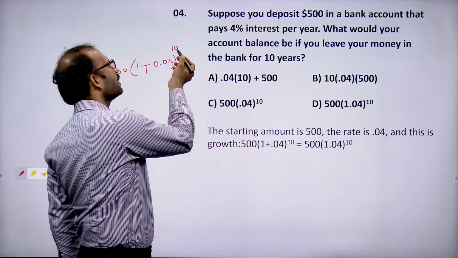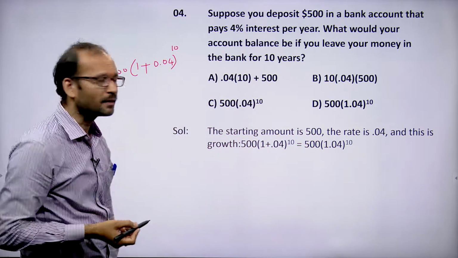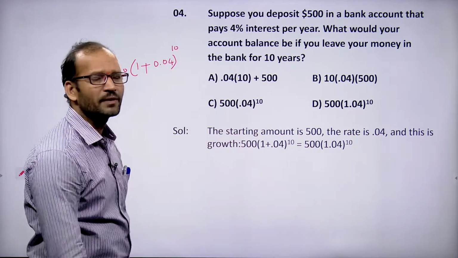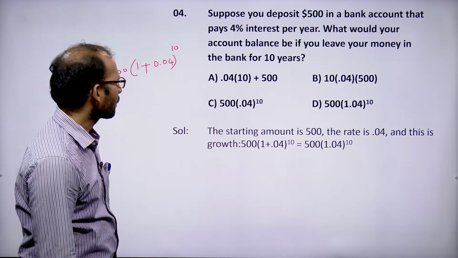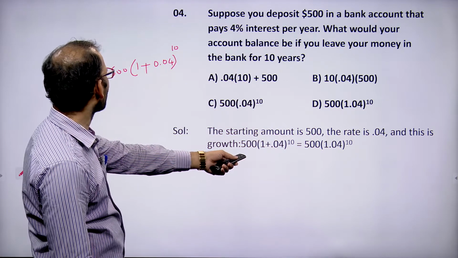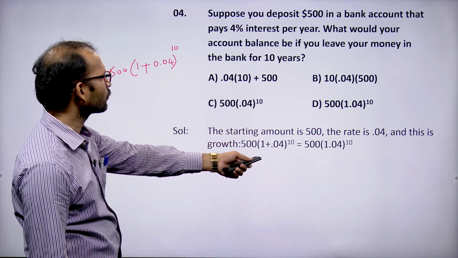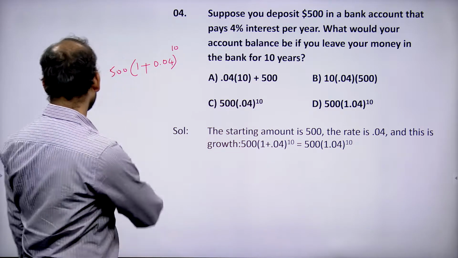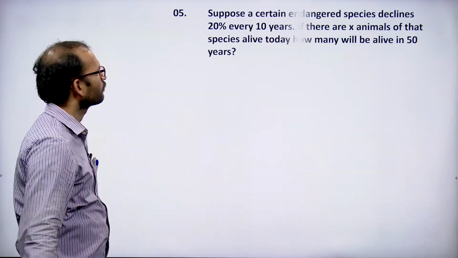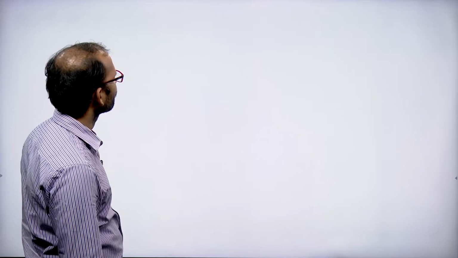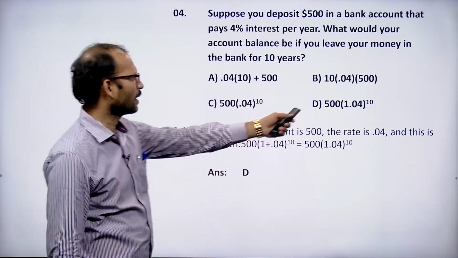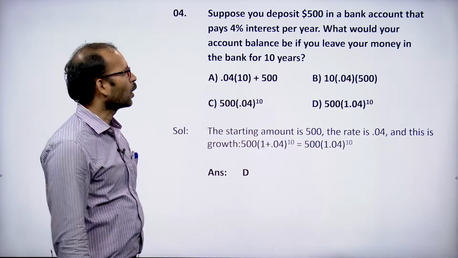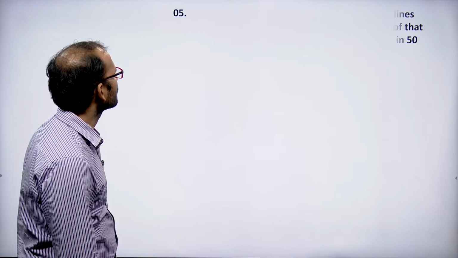So 10 into 1, 10. This gives you the amount after 10 years, nothing but 500 times 1.04 whole power 10 is my answer. So D is the answer, 500 into 1.04 whole power 10, right? Understood, right? Okay. Now we will move to the next question.